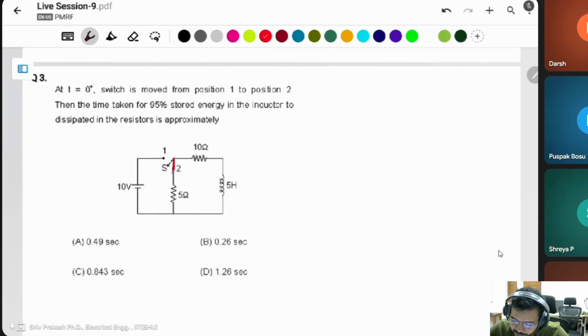Then the time taken for 95% of the stored energy in the inductor to be dissipated in the resistor. It is asking about the time for which it will release its energy to the resistor. 95% of energy means the remaining energy is only 5%.